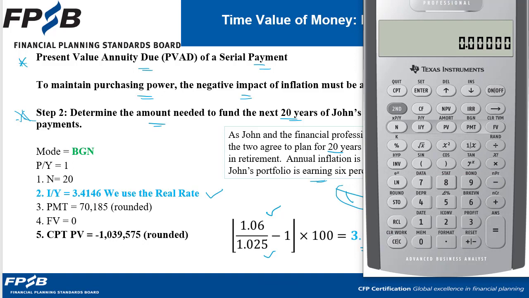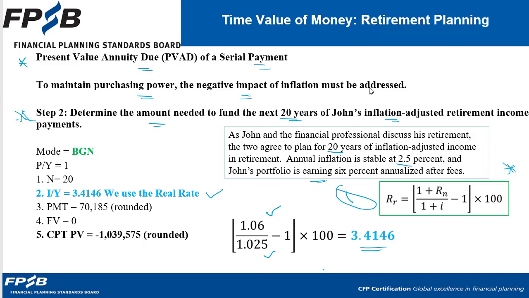If we want to bring up the calculator very quickly to do that, very simple calculation, speedy, 1.06 divided by 1.025 minus 1, and we multiply by 100, and we can see here 3.4146. So that's what we're using as the discount rate.